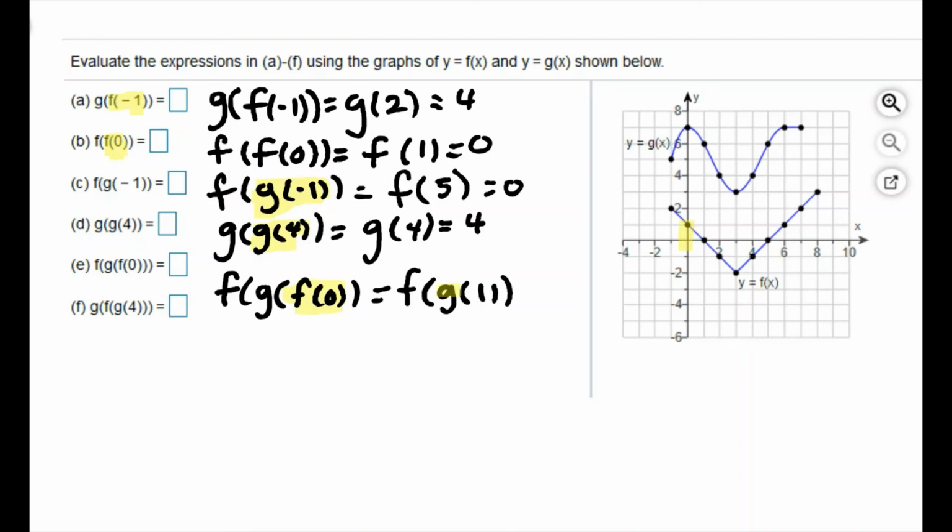So still working on the inside, we're going to do g of 1. An x value of 1, we go up to the graph of g and we get a y value of 6. G of 1 is 6. Now f of 6. X value of 6, go up to the graph of f and we get a y value of 1. F of 6 is 1. So f of g of f of 0 is 1.